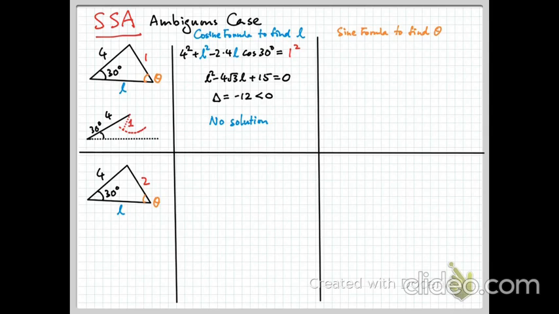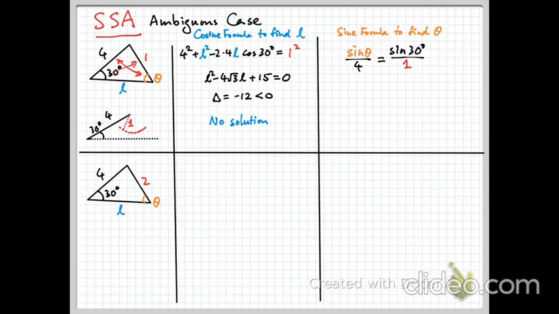So let's do that again with the sine formula. If we cannot use the cosine formula to find L, let's use the sine formula to find theta, and see what happens. Sine theta divided by 4 will be sine 30 divided by 1. This is how the pairing of the sine formula works. The sine of each angle is paired up with the length of the opposite side.